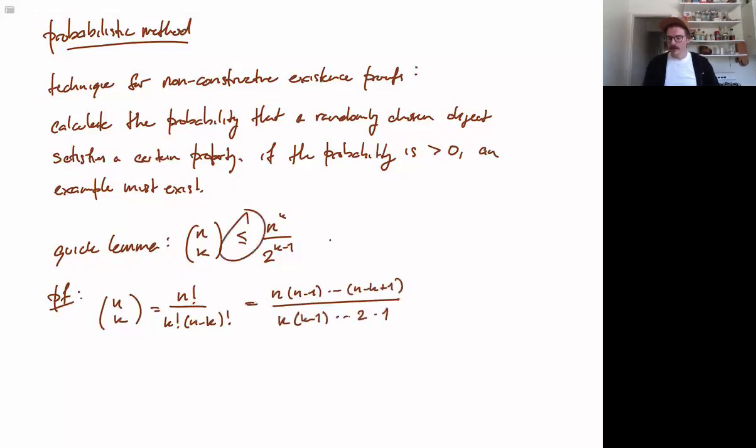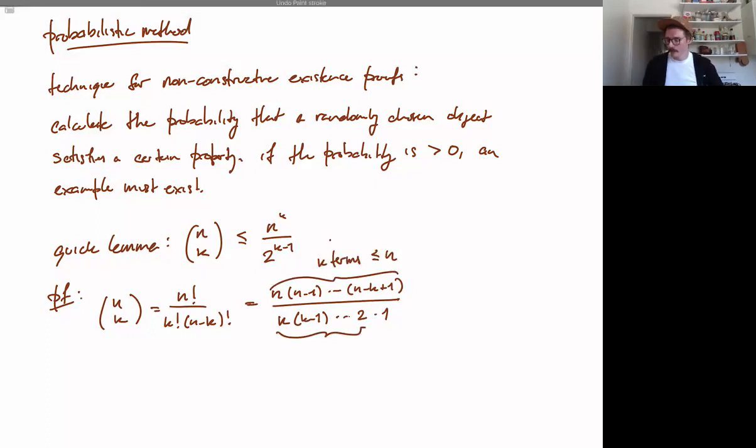The bound in this lemma is extremely simple. Here we have k terms that are less than or equal to n, and on the bottom I'm going to ignore the 1 because it doesn't change the value. If we ignore the 1, we have k minus 1 terms that are greater than or equal to 2.